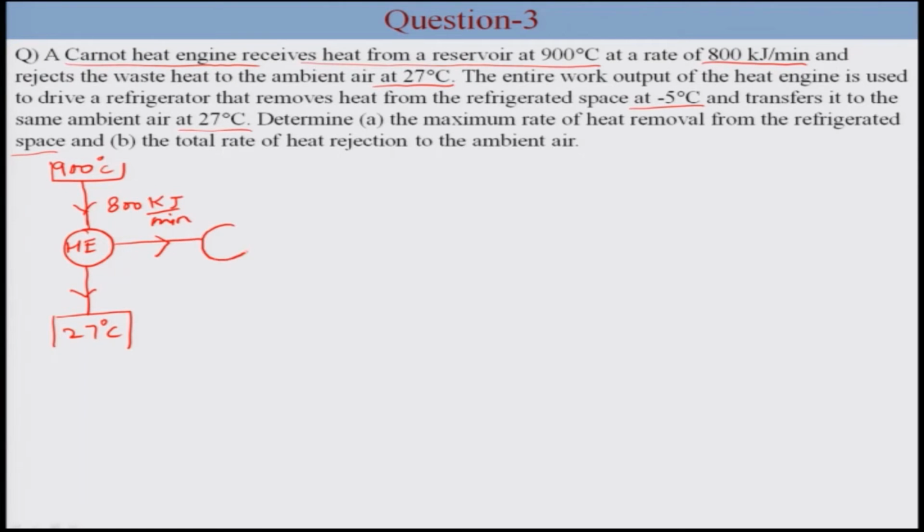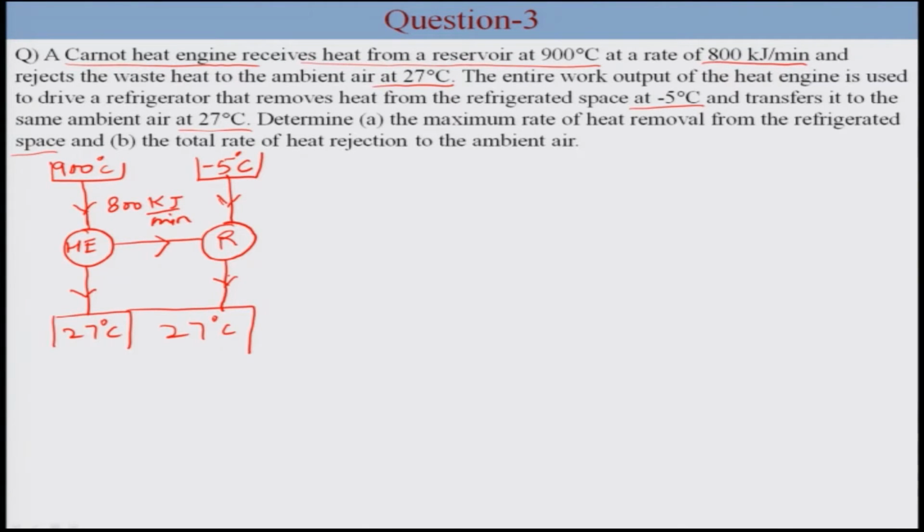So this work output is given as input to a refrigerator that removes heat from the refrigerated space, which is maintained at -5 degrees Celsius, and transfers it to the same ambient air which is at 27 degrees Celsius. So this is the overall schematic diagram of what is said in the question.